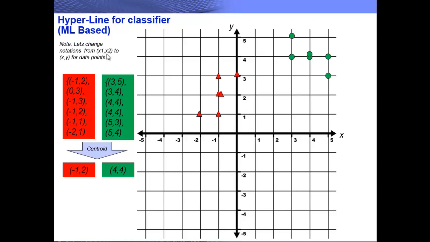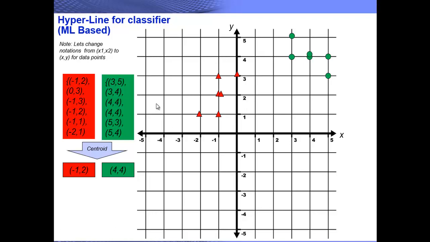It should have been told earlier that the notations have been changed on this graph. Before this video we used to take two inputs or two dimensions as x1 and x2, three dimensions as x1, x2, x3.